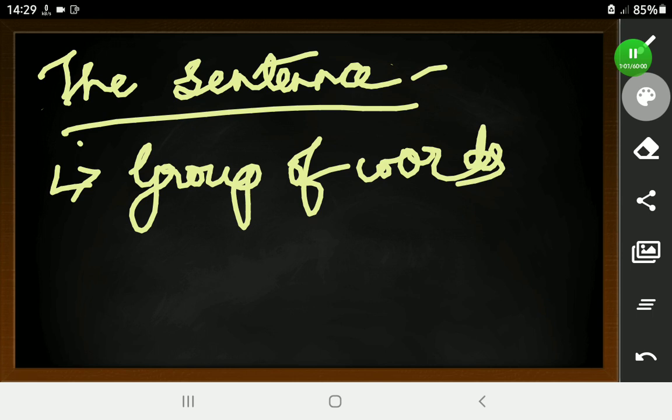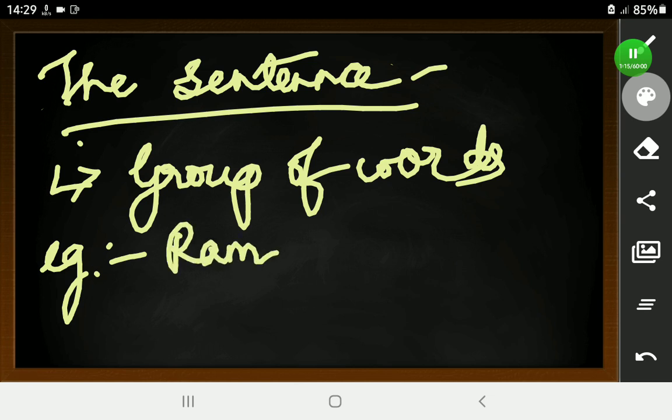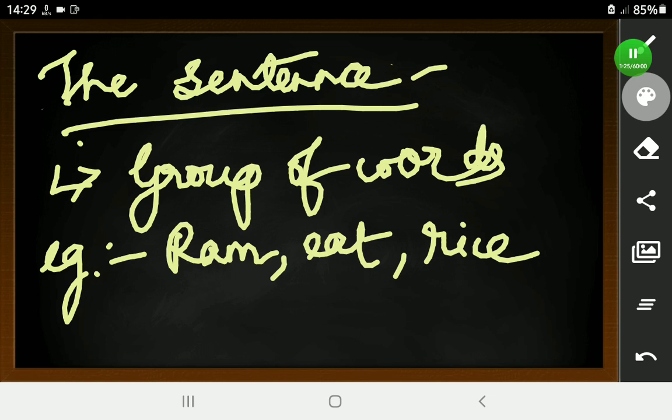And we see an example here. Suppose we take words such as Ram, eat, rice. These are the three words I take.